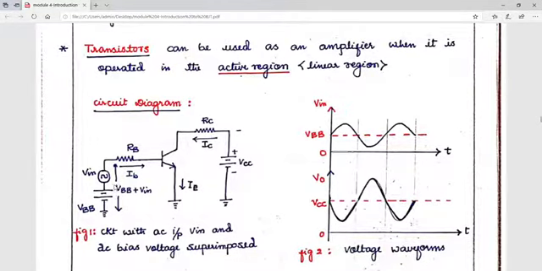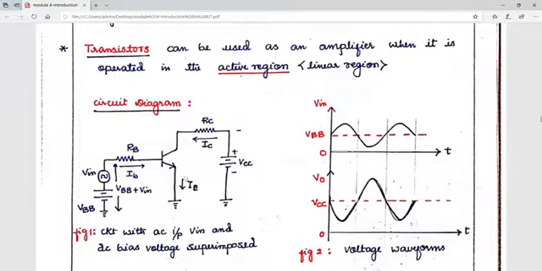Now here this DC source and your AC input Vin will superimpose each other. Since we have taken an NPN transistor, we can see the current directions. The current IB is moving into the device, and current IC is moving into the device, and current IE is leaving the device.